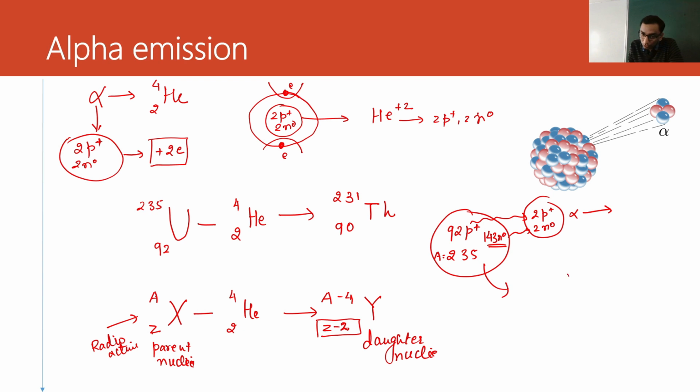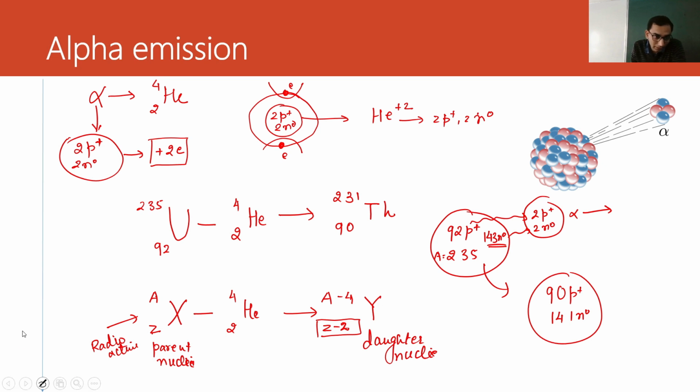So now in this nucleus, there are only 90 protons remaining and 141 neutrons remaining. So the mass number, which is the sum of protons and neutrons, decreases by 4. And since 2 protons have left the nuclei, the atomic number decreases by 2. So that's how simply you can remember this one. Simply Z minus 2, A minus 4.